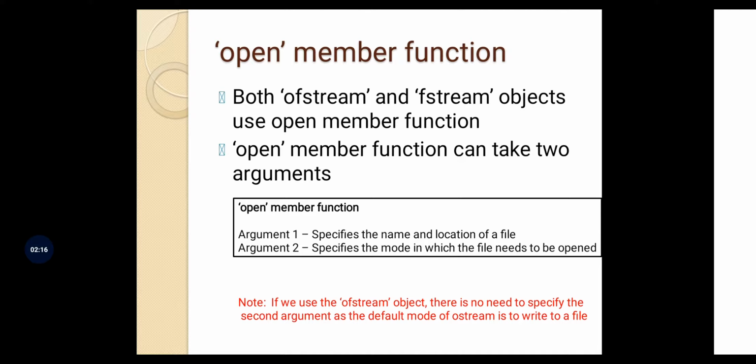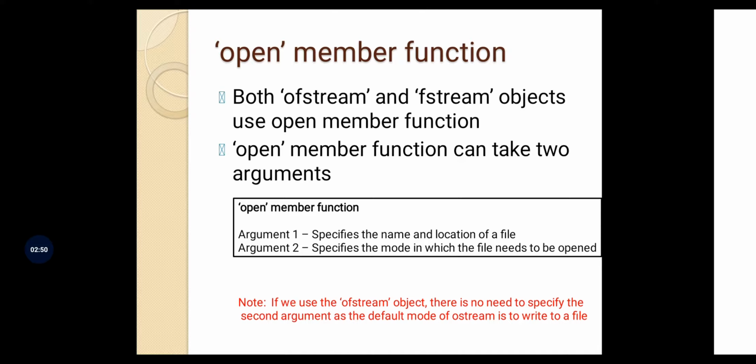Now the ofstream object is mainly concerned with writing onto a file, so the default mode of the ofstream object is to write to a file. Similarly, the default mode for reading from a file is the ifstream class, right? So any object that you create from the ifstream, by default the mode would be a read mode.